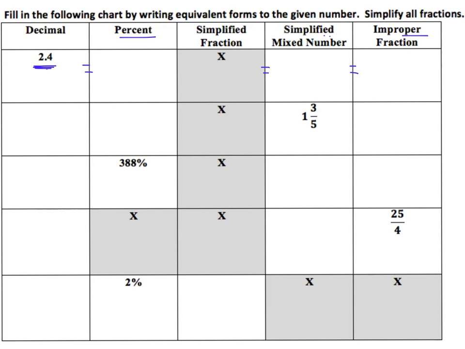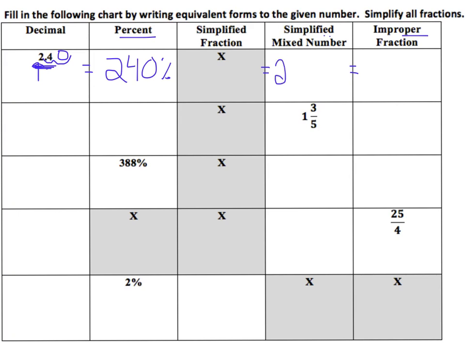2.4 is a decimal. To change it to a percent, if I have a number in front of that decimal, my percentage is going to be above 100, 200 and some percent. If I move my decimal over twice and add a 0, that's going to be 240%. All right, simplified mixed number, 2.4.